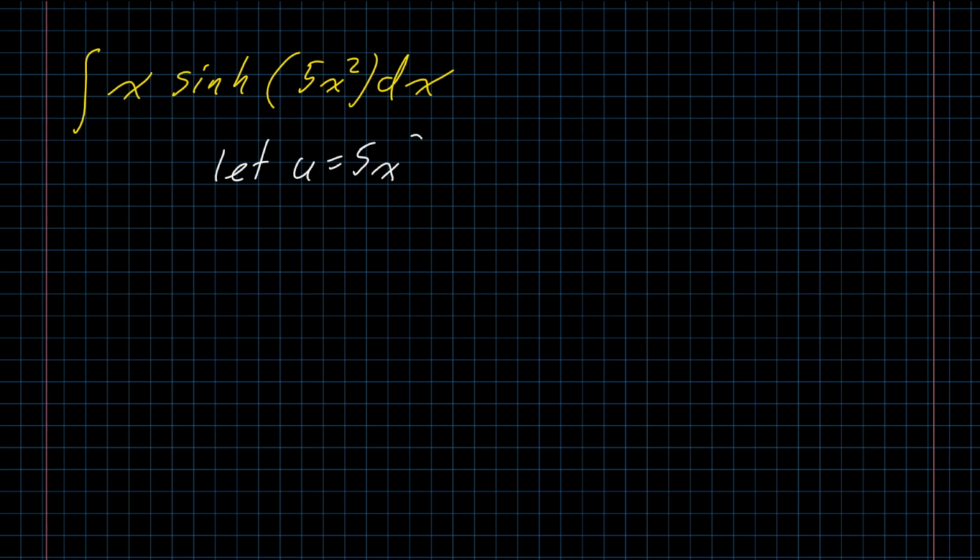Likewise, if we want to perform an integration, say the integral of x times sinh of 5x squared dx. Well, for this one, we might want to try something like a u substitution. In which case, du would be 10x dx. We've already got the dx and the x. It would be really nice if we also had a 10.